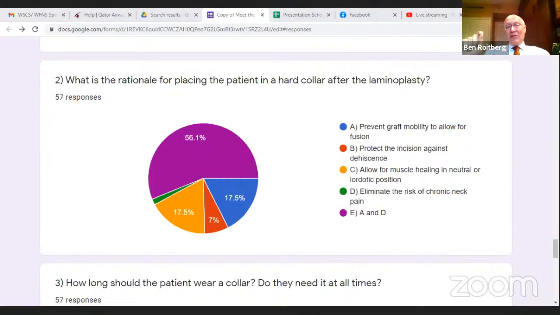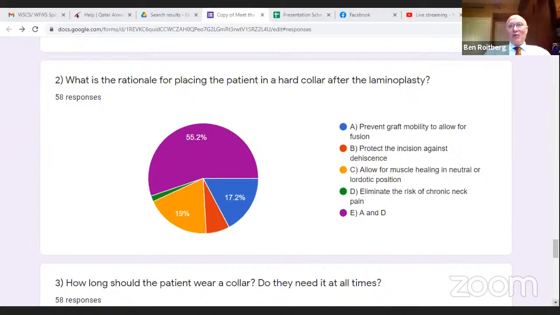The collar is not done to prevent graft mobility, because if it were, the patient would need a collar not for 3 weeks, but for several months. Graft mobility is limited by the biomechanical nature of the construct. It doesn't tend to fall apart naturally.